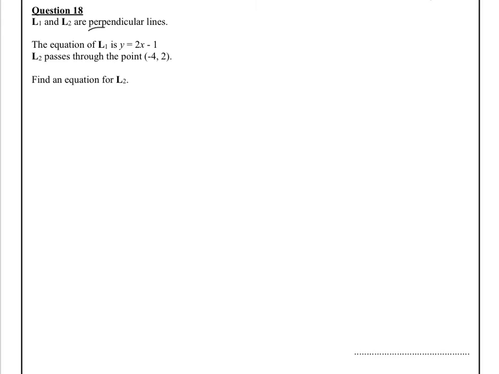So the first clue that we've got here is that they're perpendicular lines, which means two lines that meet at 90 degrees. We need to find the equation of L2.